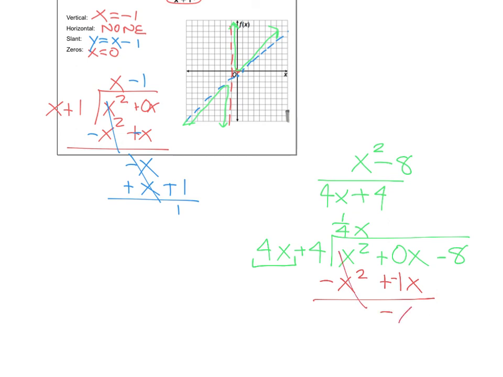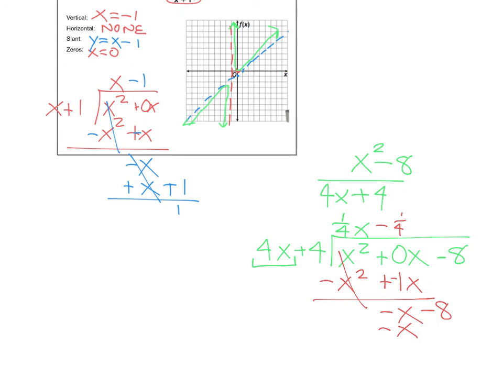So I have negative x minus 8. All right, and I'm going to do the same kind of thing. What times 4x is going to give me a negative x? So that would be negative 1/4. All right, I'd multiply that through. That would give me a negative x.